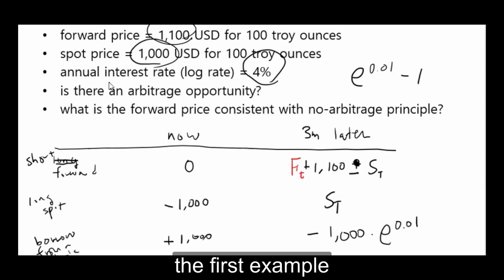And the long spot price, I will use small s_t to indicate the spot price right now. And this number also came from the spot price. So here I'll just write again s_t. And 1,000 here again is coming from s_t. And 0.01 here is coming from the annual log interest rate, which I will call r_t. So it's r_t divided by 4.